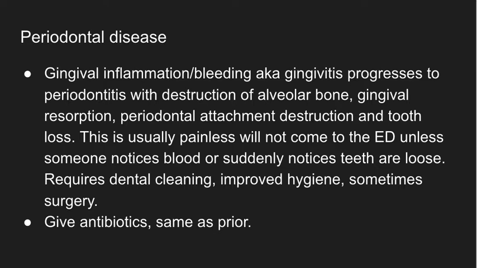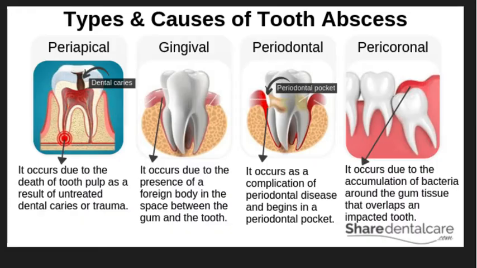This is usually painless and won't come to the ED unless somebody's like, hey, all my teeth are getting loose and my gums are going away. This requires dental cleaning, improved hygiene. Sometimes they need surgery for this. Give antibiotics, same as the previous regimen for this. And this is showing you the periodontal disease second from the right there, with erosion of like the gingiva and the attachment ligament.